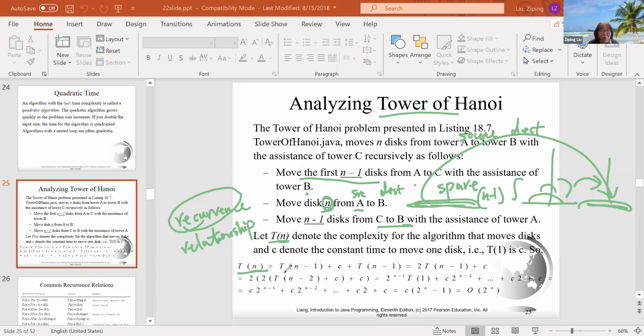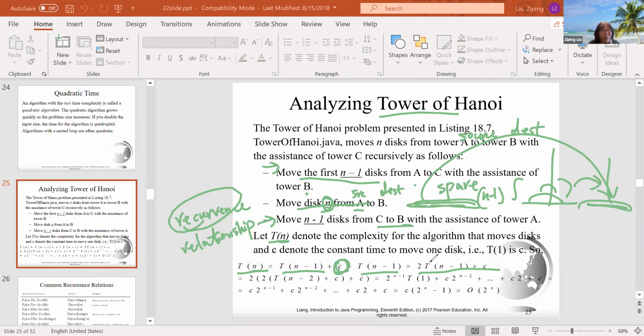So T(n) equals T(n minus 1) plus the first step and the recursive step, so two recursive calls on n minus 1, adding some constant c. And this is going to be expressed like this.